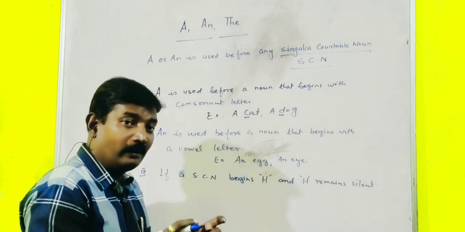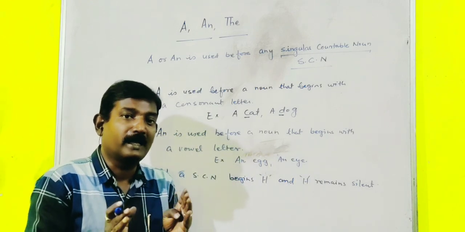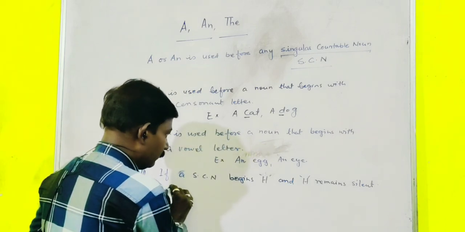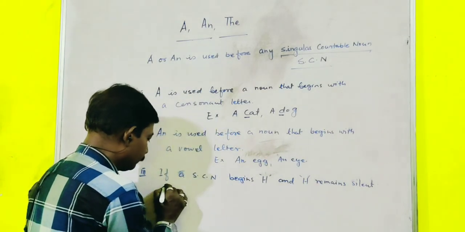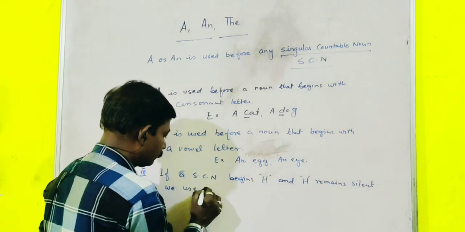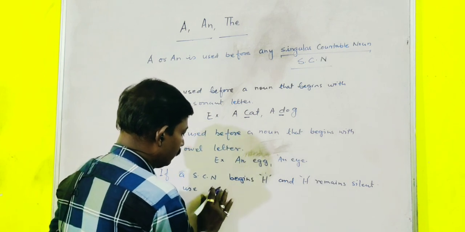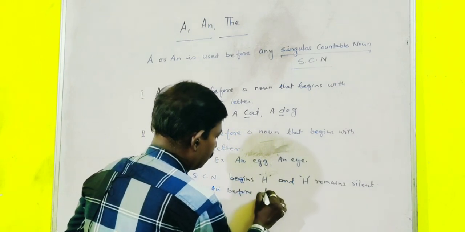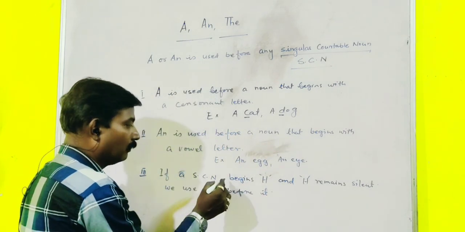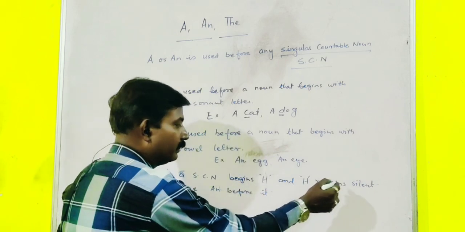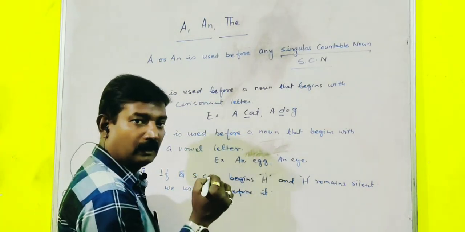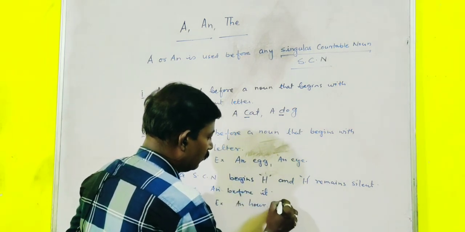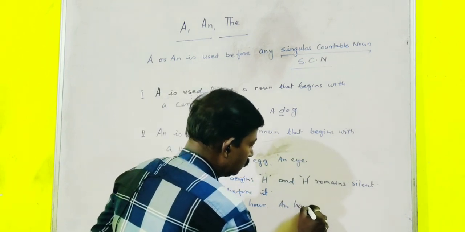That means it is in the word, but while speaking, we won't pronounce that letter H. H remains silent. We use an before it. If a singular countable noun begins with H and H remains silent, we use an before it. Alright? Now, example, an hour, an honorable man.